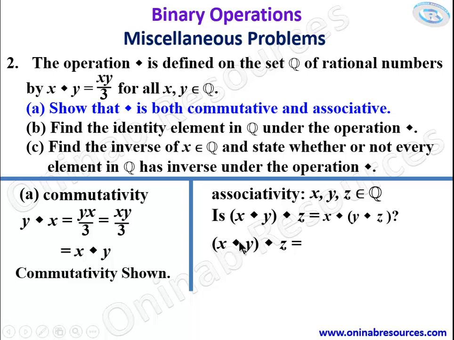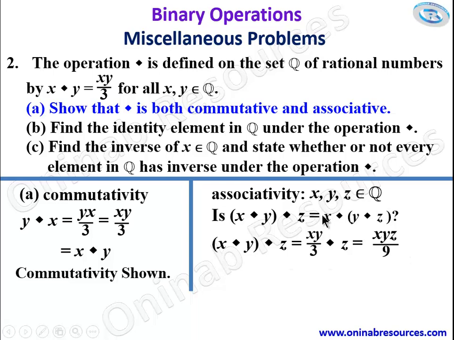We know x operation y is already given to be xy over 3, then operation z. If you take this as one element, it's going to be xy over 3 times z over 3. So we now have xyz over 9. So we leave this as the left hand side.